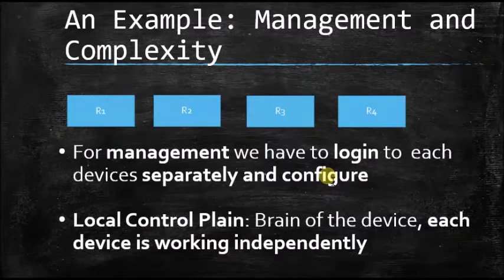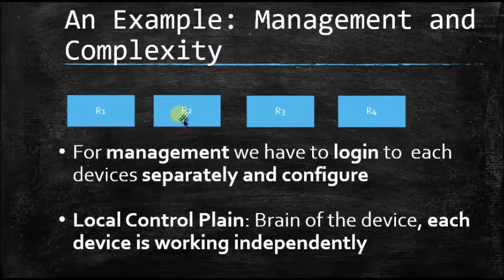To give a simple example of how the current network is complex and very difficult to manage, let's say there is a network where we have four routers and we would like to configure these devices. In order to configure them, we have to individually log into each device through a command line and start configuring them.